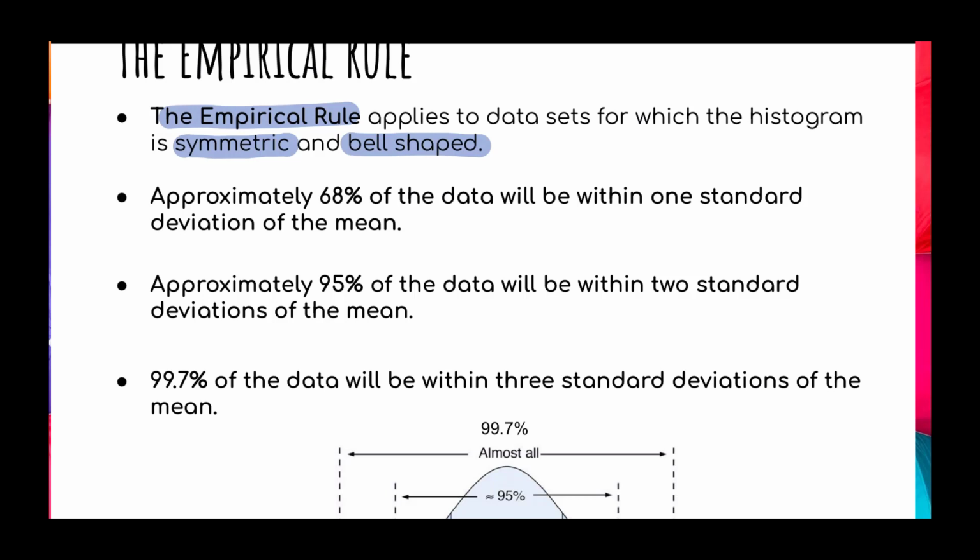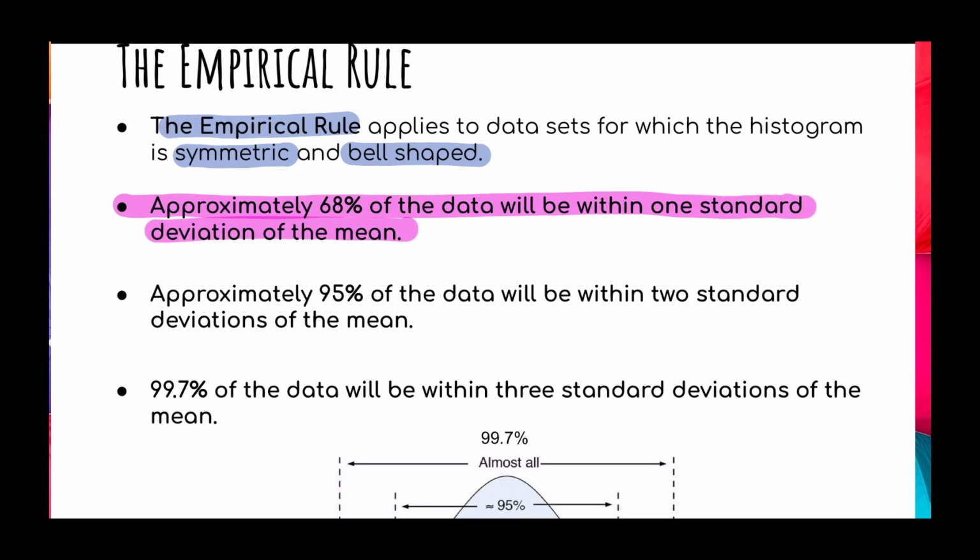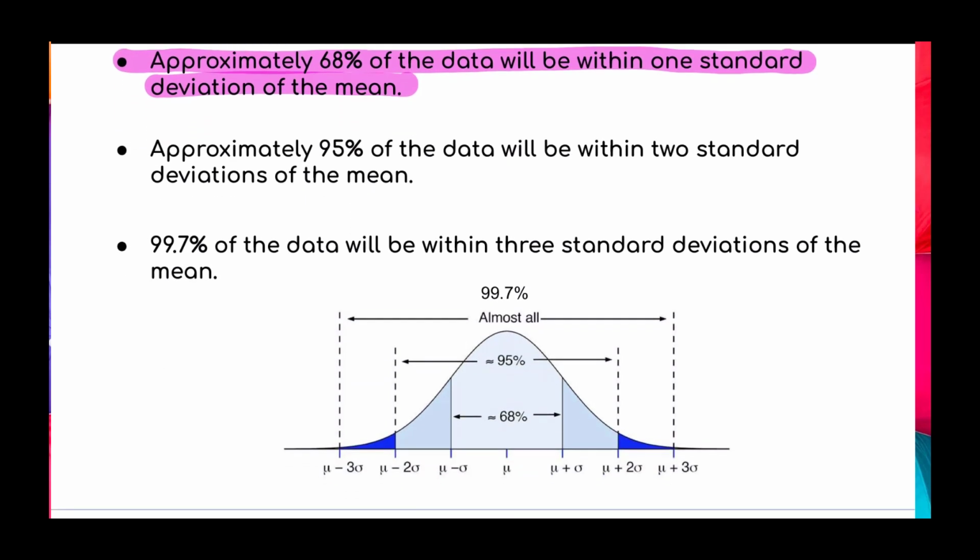Okay, and so this rule is a set of 3 characteristics. All right, so these characteristics are as follows. The first one is that approximately 68% of the data will be within 1 standard deviation of the mean. So if you look here at this illustration below, here's the mean in the center.